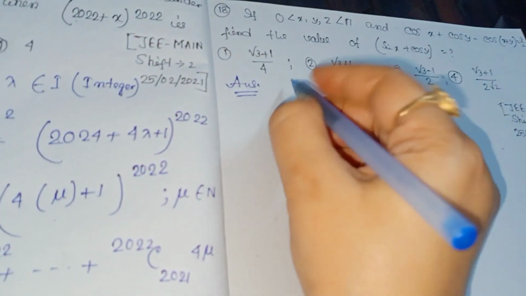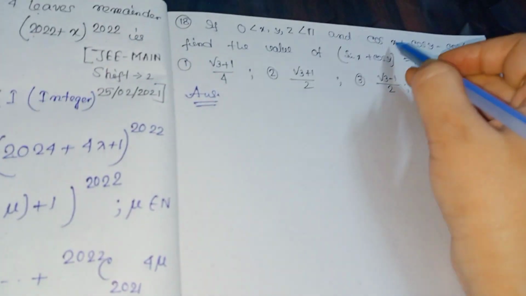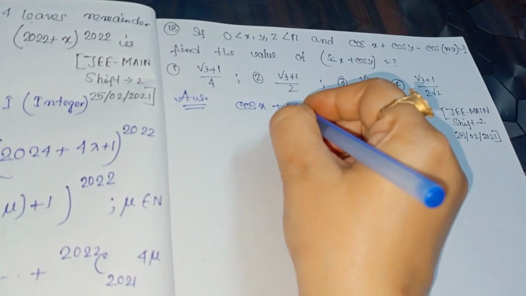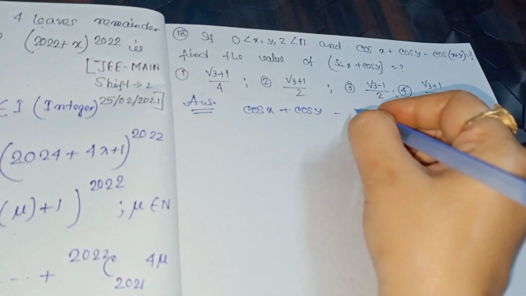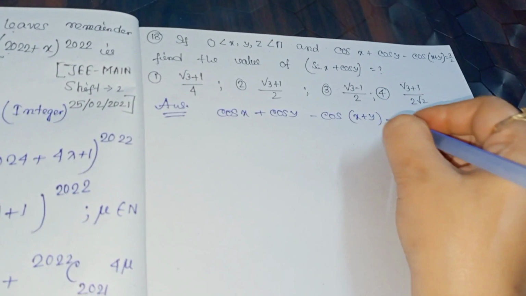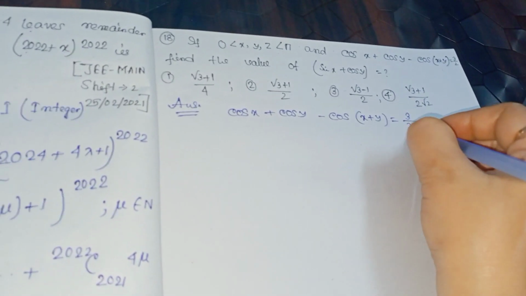At first expand this: cos x plus cos y minus cos(x plus y) is equal to 3 by 2.